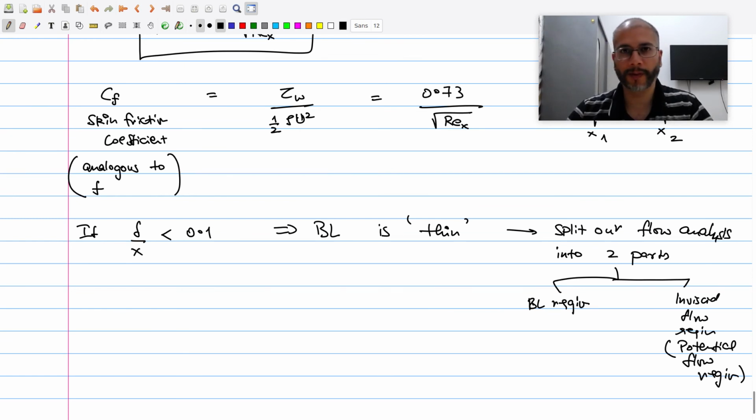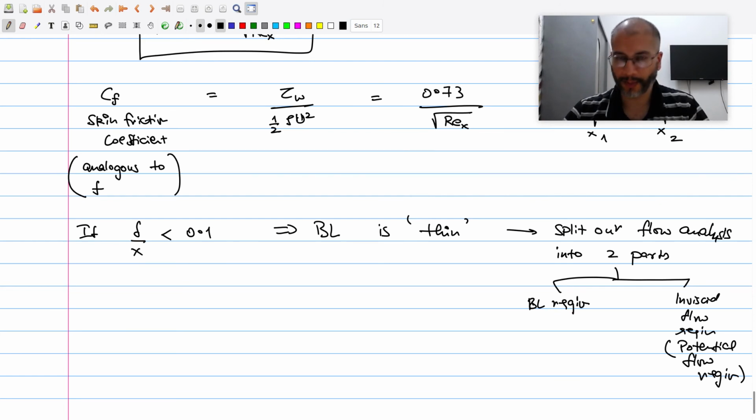And again, inviscid flow means there's no viscosity, so nothing to result in rotations. There are some conditions where that is not the case, if the incoming flow has some rotation in it. Otherwise, if everything else is satisfied, then we can split it into two parts, and that is again if the boundary layer is thin. If the boundary layer is not thin, then we cannot do this.